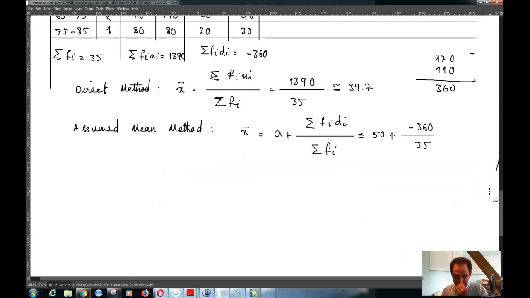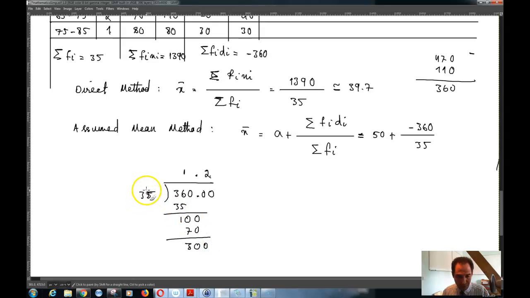Now, negative 360 over 35, let's take it as 360 over 35, which is above 10, I'm sorry. 360 divided by 35: 1 times 35 is 35, 10, and then 0, and then 2 times 35 is 70, with 30 remainder.